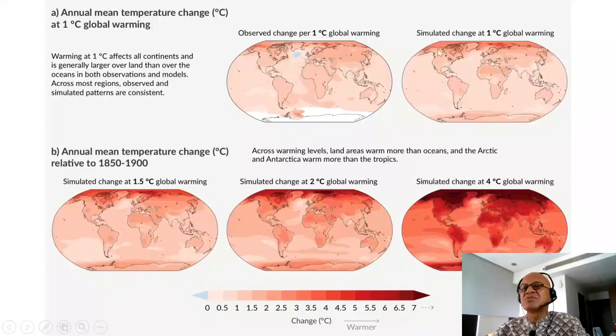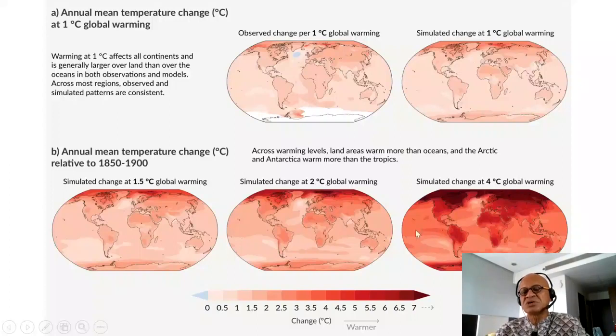But you can see that simulated changes are similar to the observed distribution, but the polar amplification is maybe stronger, and this warming hole is much weaker than observed here. Keeping that in mind, if you look at simulated changes at 1.5 degrees C global warming, 2 degrees C warming, and 4 degrees C warming, the polar amplification gets stronger and stronger, but the warming over the rest of the world also keeps going up, including the oceans.